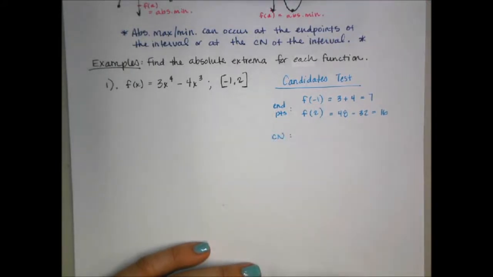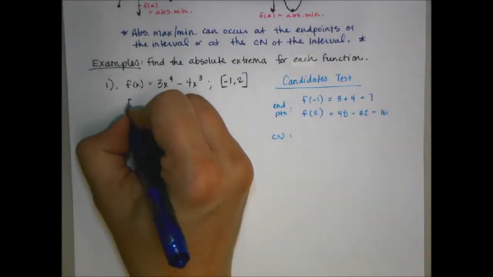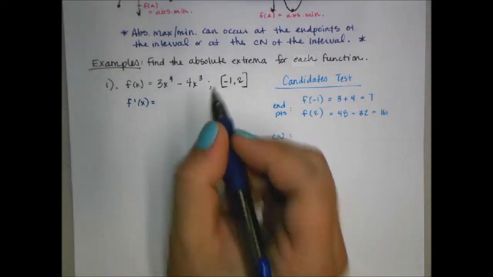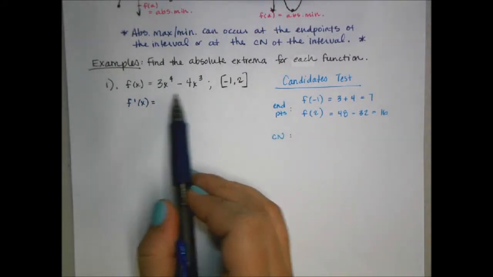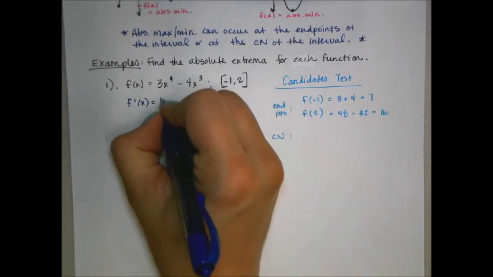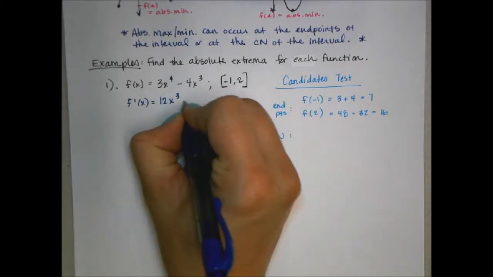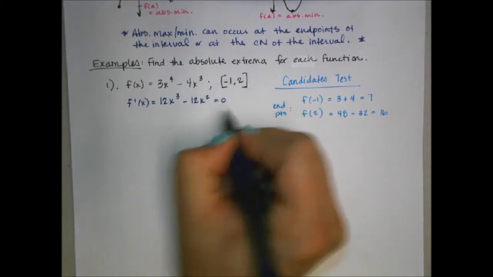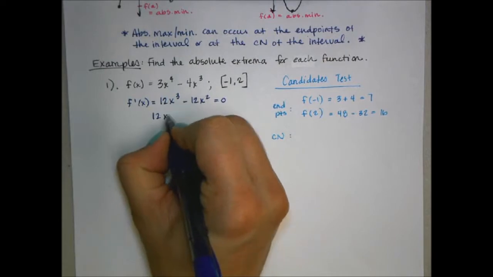So we need to go back and find our critical numbers. So we'll do our first derivative test. Note that it is a polynomial, so it is differentiable everywhere, so we don't need any of those values. We only need the zeros of our derivative. All right, factoring here.